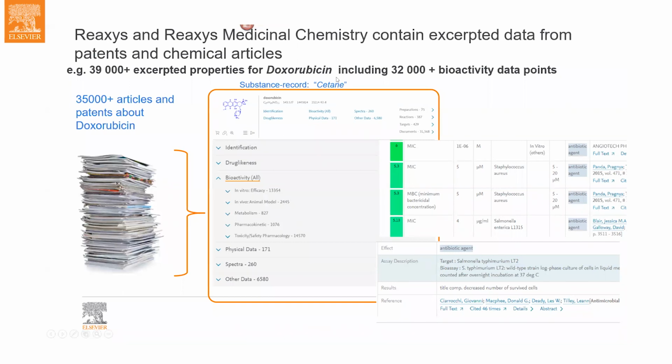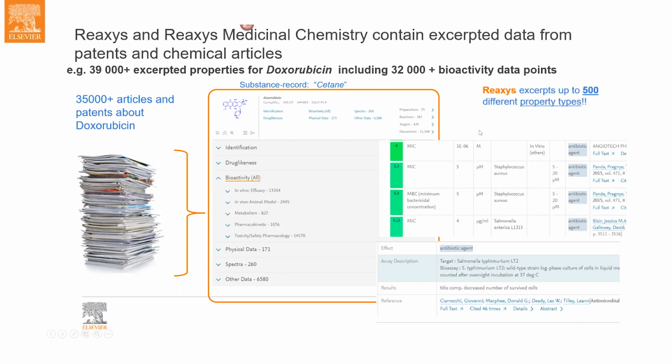And all the information presented here on the doxorubicin page covers more than 39,000 experimental properties, including 32,000 bioactivity data points. As you see, it's really very well detailed and excerpted. So it has the original parameter, its value, units, the species, the effect of this compound, etc.